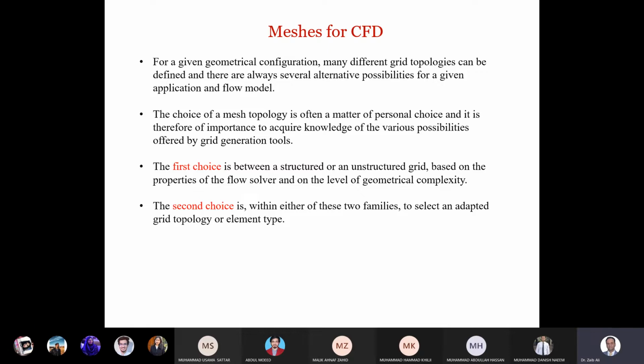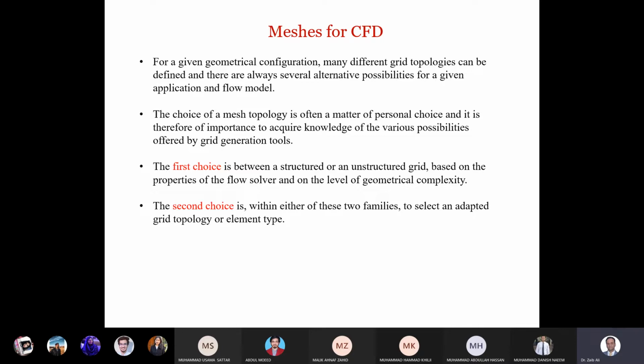This is influenced by many factors. First and foremost is the compatibility with the flow solver. Whether your flow solver can handle structured or unstructured mesh, and most precisely whether the numerical scheme which you have written is for structured or unstructured mesh.